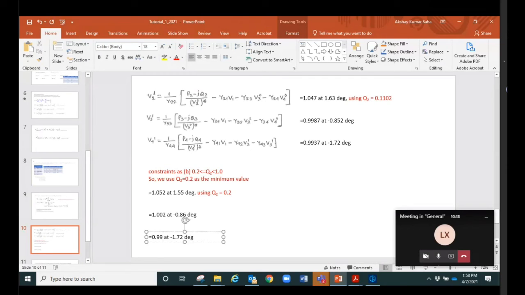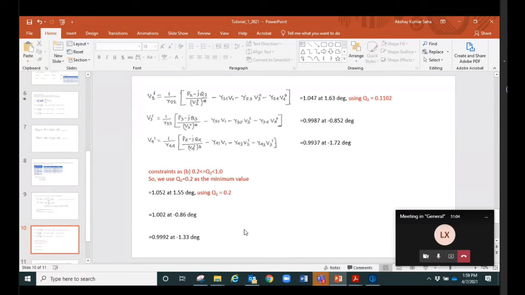So this is a bit different, where we were not given the Q value for the PV bus number 2. We had to determine it using the PQ equation, where we used the V conjugate I formula, and then we expanded it. We put all the admittances and voltages, then we find the Q2 value by equating real power and imaginary power.